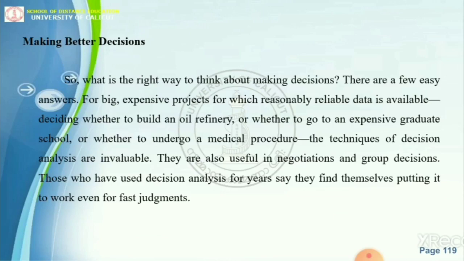Then, making better decisions for different buyers, with different choices and different availability, what will be the better decision? So what is the right way to think about making decisions? There are few easy answers.